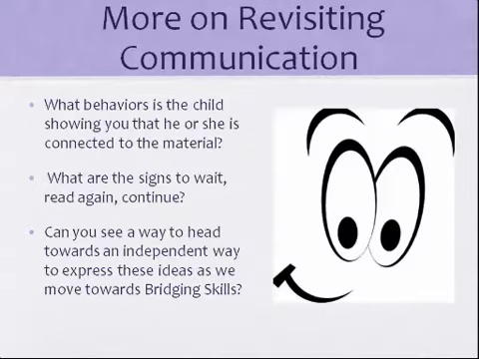So a little bit more on revisiting communication, looking at what behaviors the child is showing you, that he or she is connected to the material. Sometimes you can't quantify it. I can sit in meetings and they say, well, how do you know what you know? It's like, well, you can see it in their eyes, especially if mobility is an issue. But you can see it, you can feel that joint reference, that joint attention to the material.